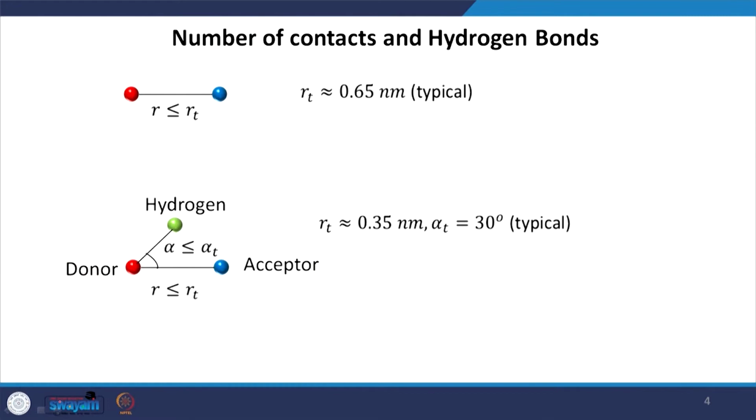So, the next thing that we can compute, and that is again particularly useful when some aggregation or some bonding happens between the molecules, is something called the number of contacts. Two particles in the system may want to come together because of whatever force is present between them.